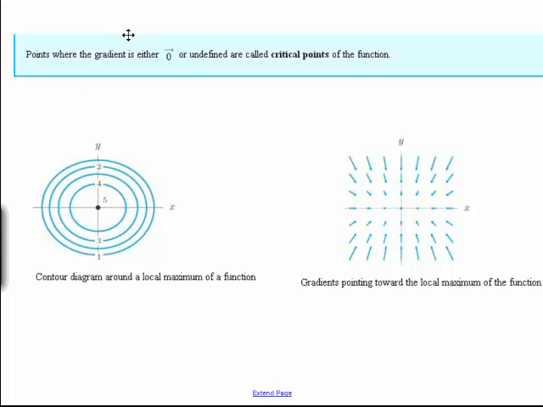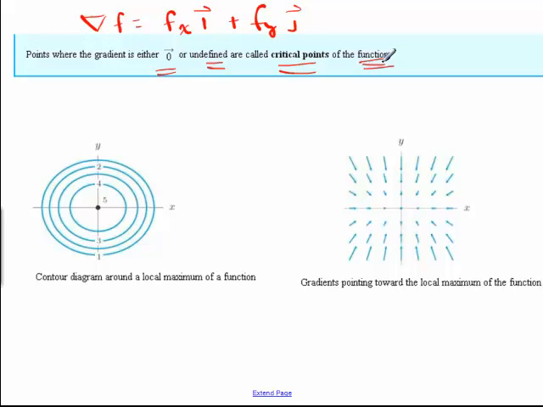So we could say that slightly differently, which is that whenever my gradient, and remember my gradient is f partial x i plus f partial y j, anytime that my gradient is either 0 or undefined, that's a critical point of my 3D graph.